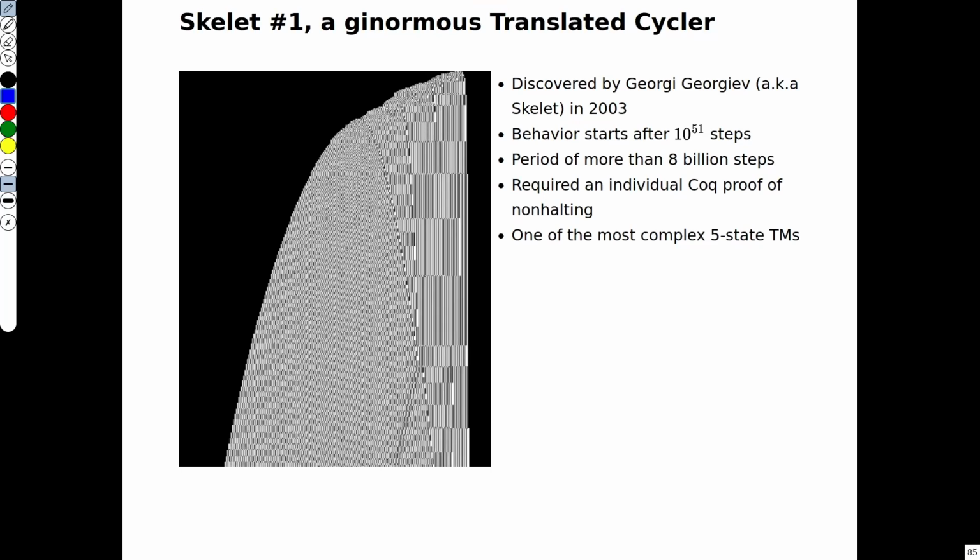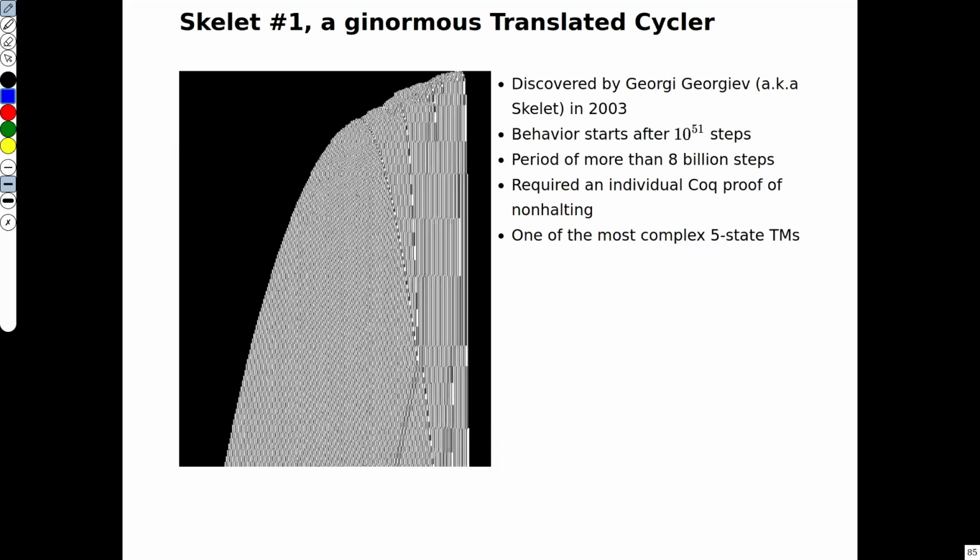The translated cycling behavior starts after 10 to the 51 steps. We had to write an accelerated simulator that was tailored to this specific machine to get it that far. It is one of the most complex Turing machines, and you will note that we call it skeleton number 1.